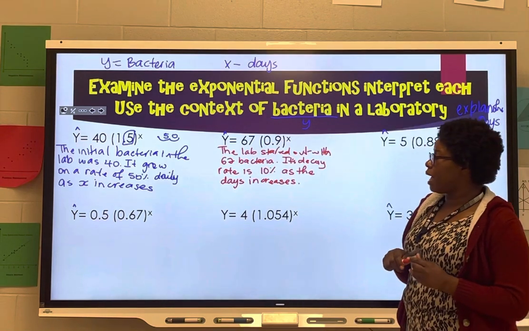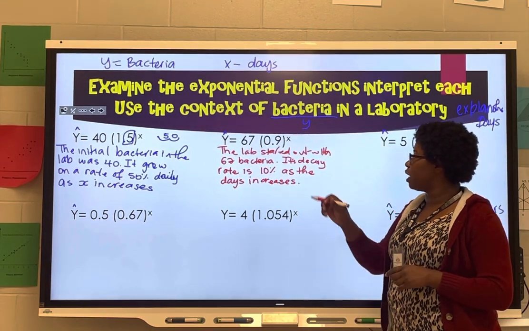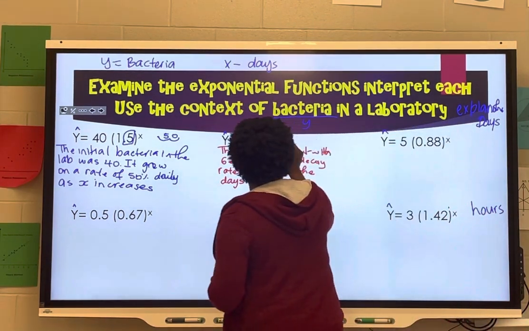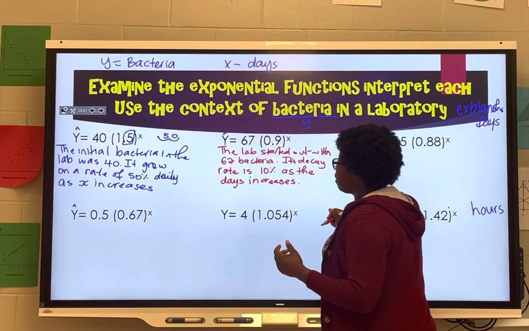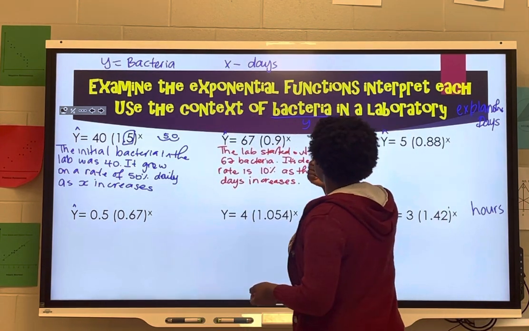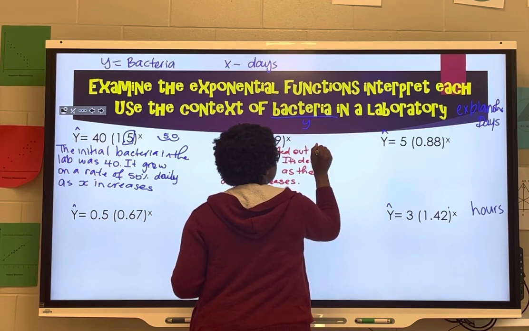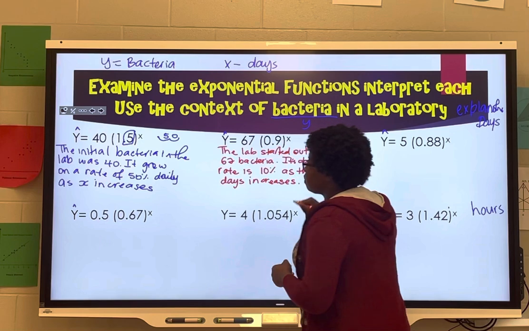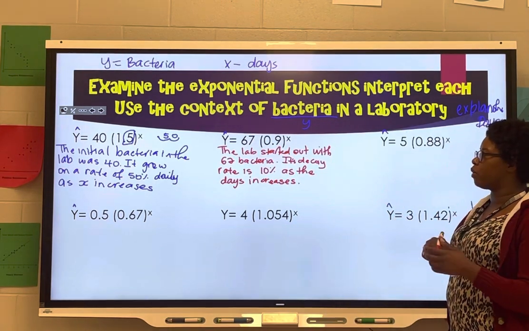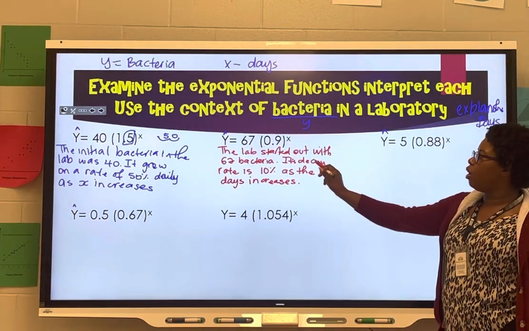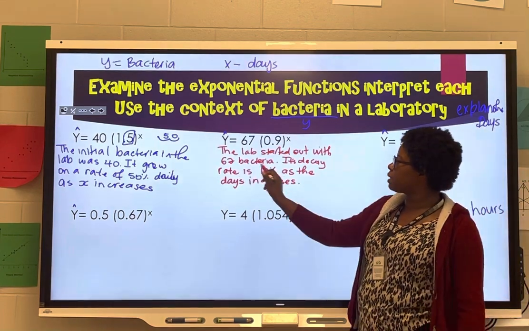Alright? So again, when you're writing your explanation, it's based on how you speak, you write. You don't have the same thing as I do, so it's up to you on how you write. You can go ahead and just work it like that. So the lab started out with 67 bacteria.